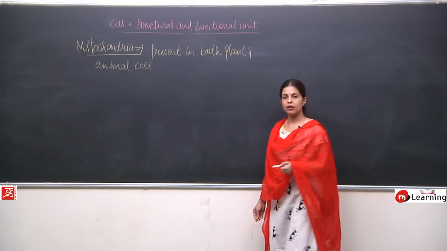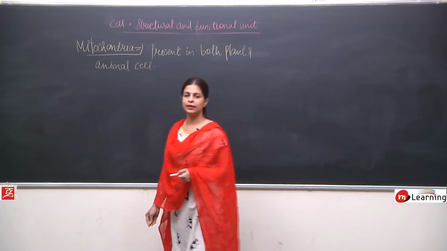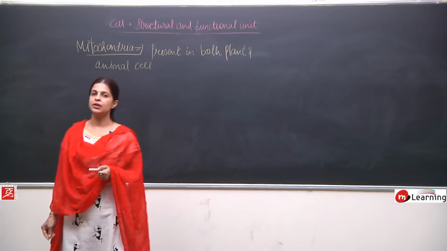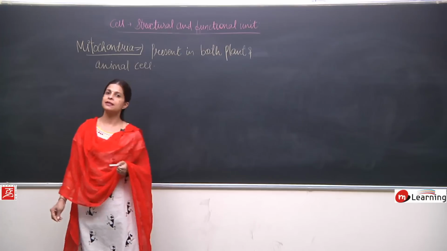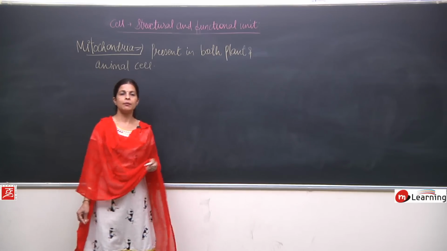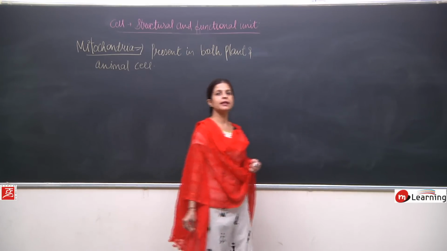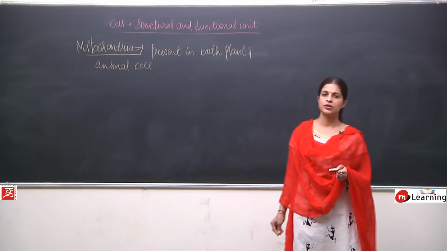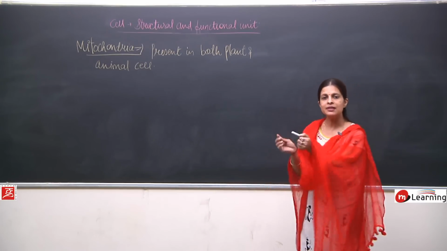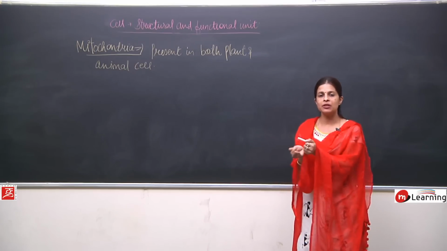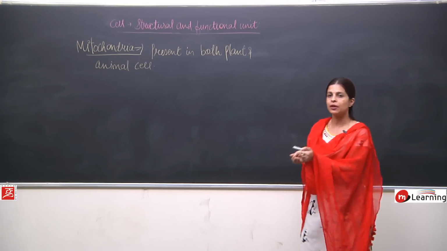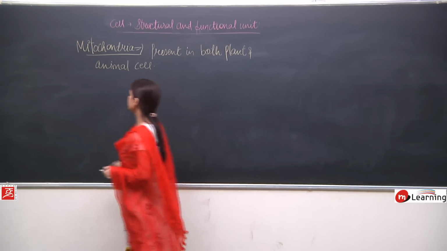If an organism requires more energy, then the number of mitochondria in that organism's cell will be more, because it is related with the release of energy. That is the reason it is known as the powerhouse of the cell.